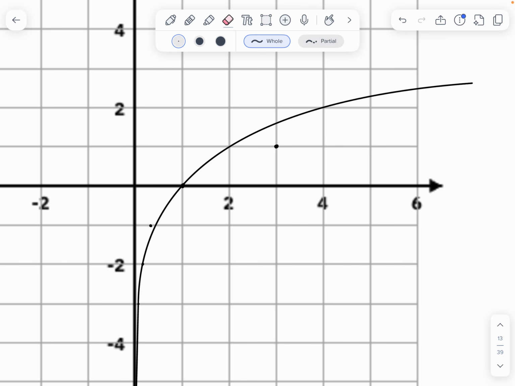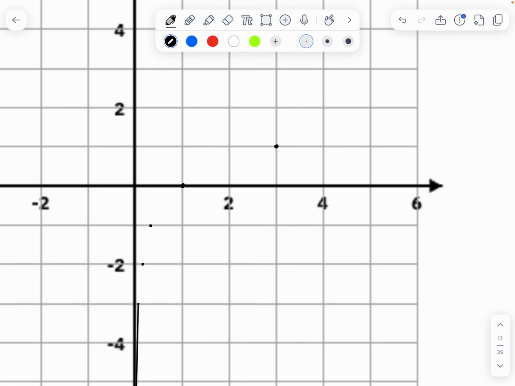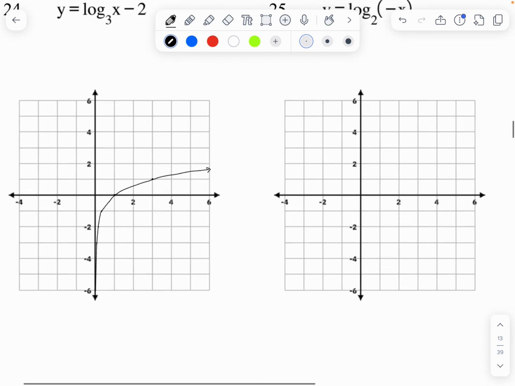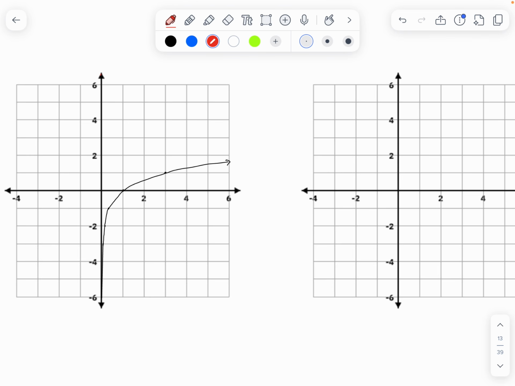Yeah, I feel like it's just better to draw this in. And that is our logarithmic function. Obviously, we have an asymptote that runs straight down.